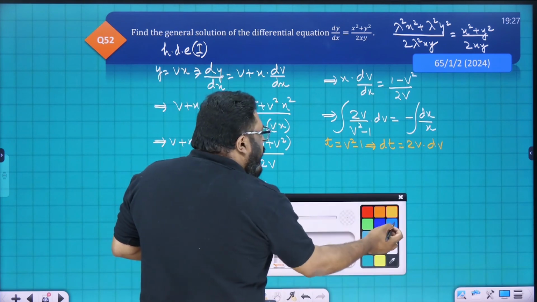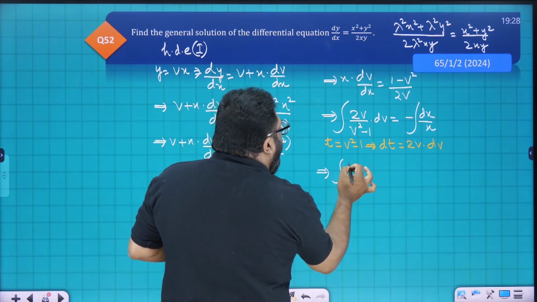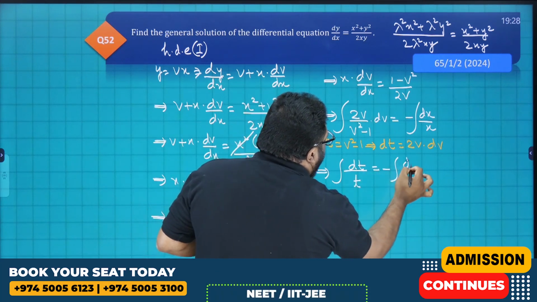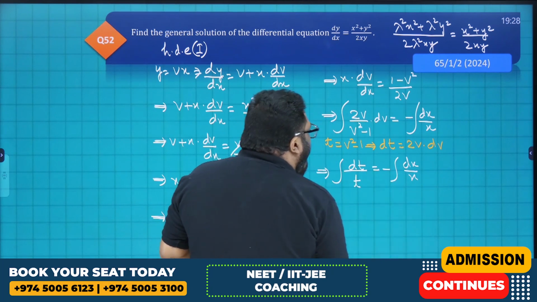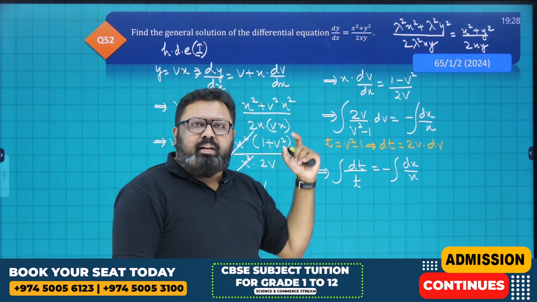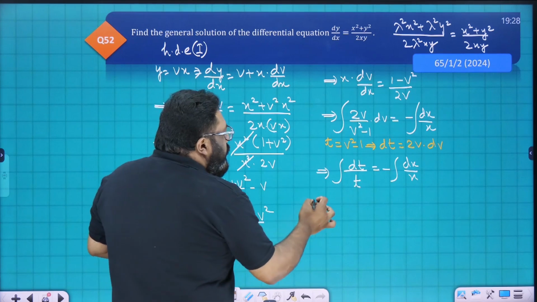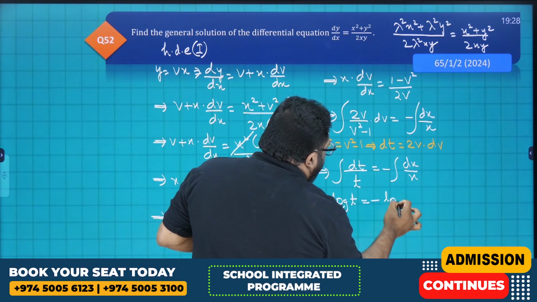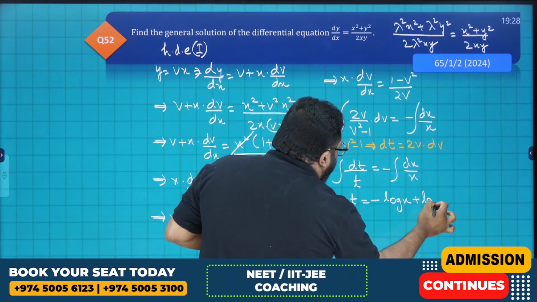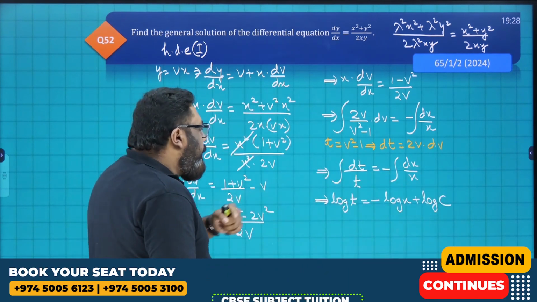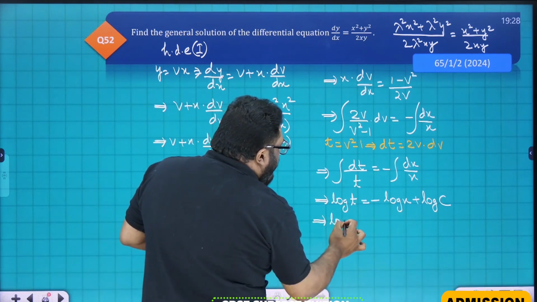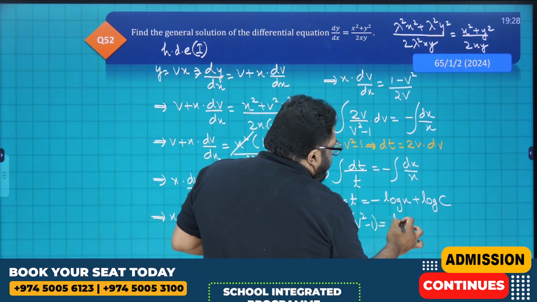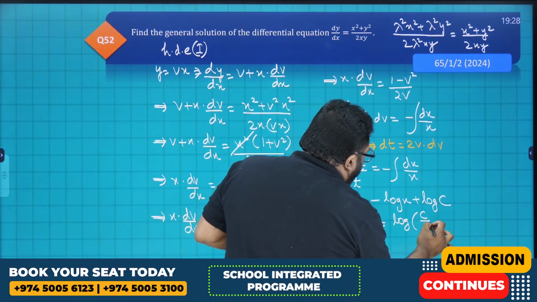Now I can rewrite the integration as integral of dt divided by t is equal to minus integral of dx by x, because I have a habit of leaving the unwanted constants and signs on the right side. Okay, so the answer is going to be log t is equal to minus log x plus log c. Using the log property, log t, which is log of v squared minus 1, is equal to log of c by x.